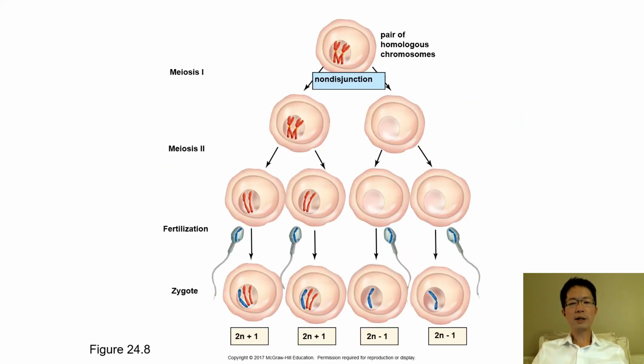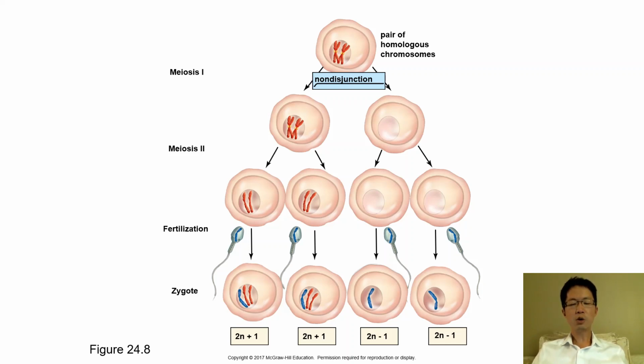So when meiosis occurs with error in the X and Y chromosomes, you will cause a sex chromosome disorder. The term non-disjunction means that the homologous pair of the chromosome does not separate.